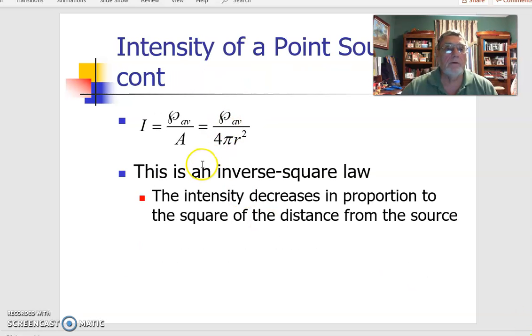The area of a sphere is 4 pi R squared. So the intensity is the average power, which is going to be the same as it spreads, so the intensity goes down and follows an inverse square law.